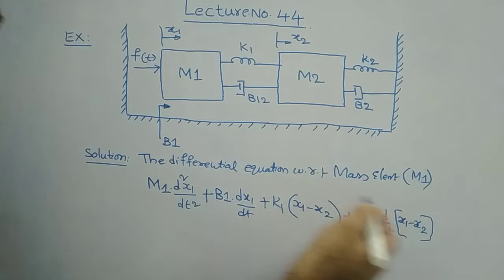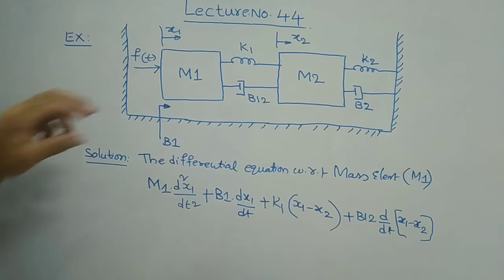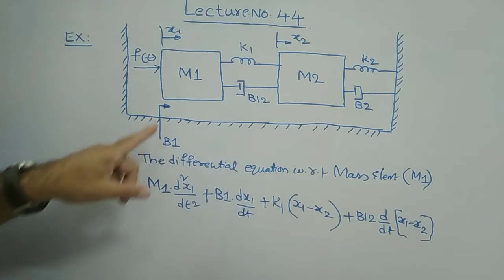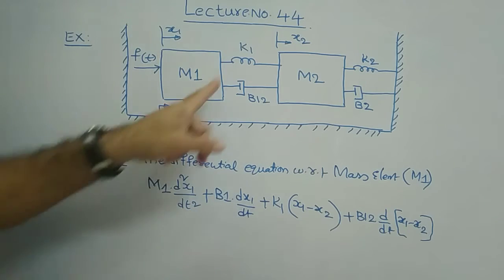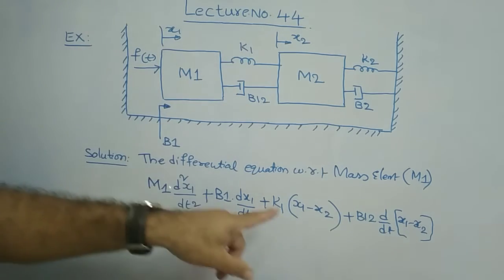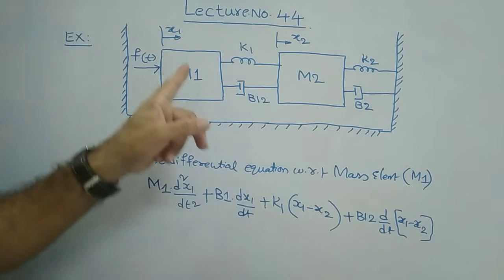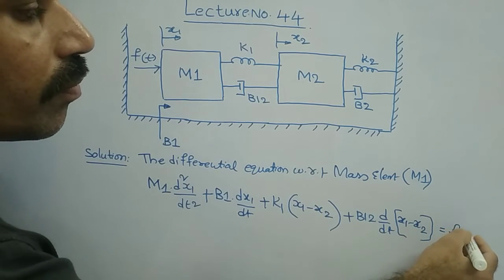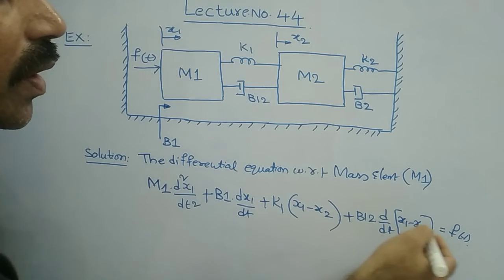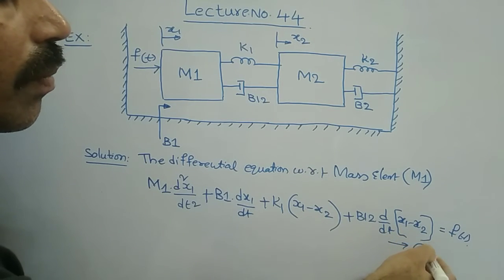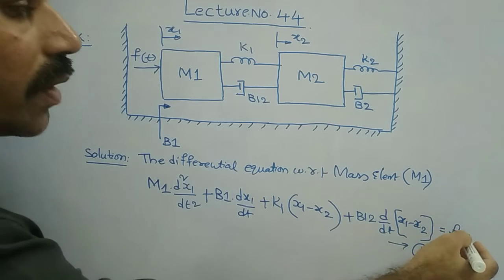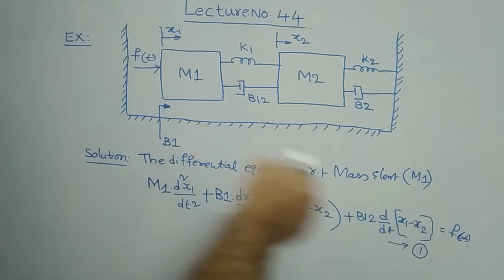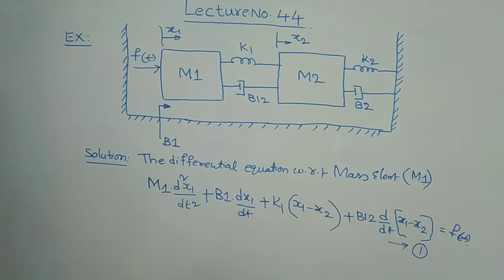So m1 and b1 we have considered, and k1 and b12, the common elements, we have also written, and this is equal to f of t. Call it equation number 1. This is the first differential equation.